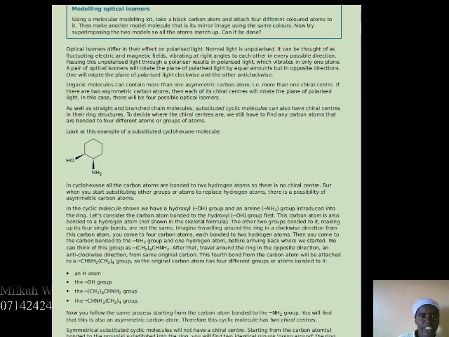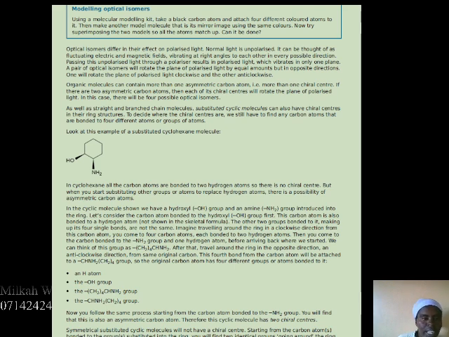That polarized light will only vibrate in one plane. So if you have a pair of optical isomers, they will rotate the plane of polarized light in opposite directions. One will rotate clockwise and the other anti-clockwise.